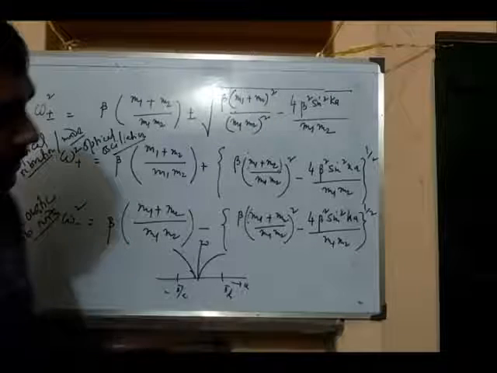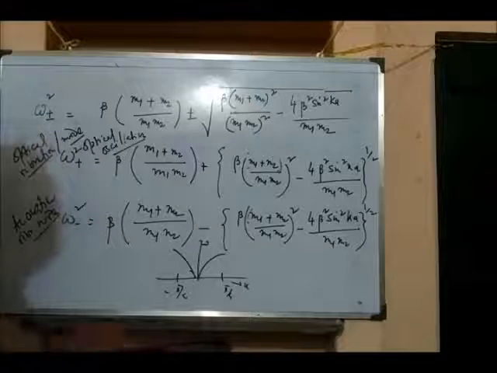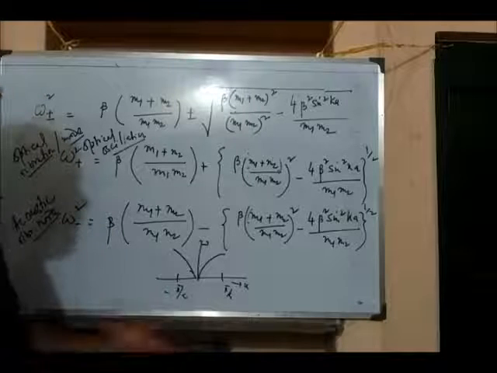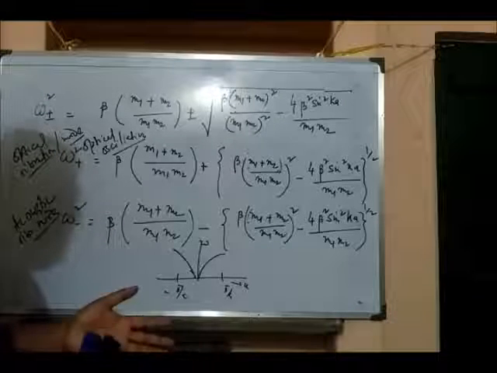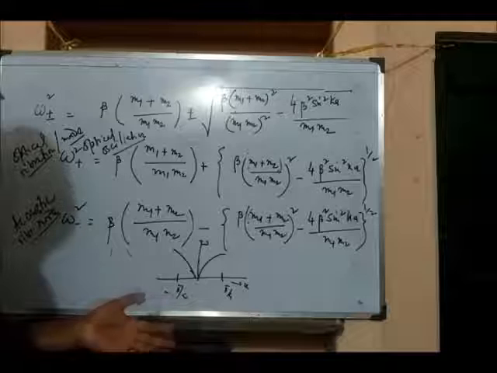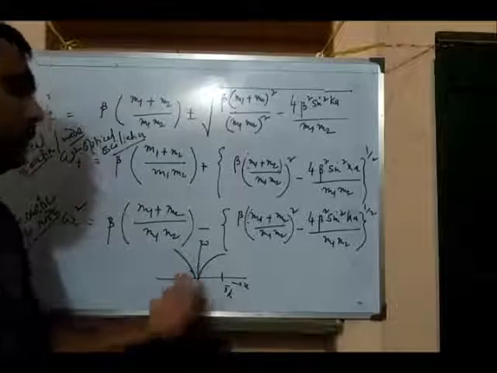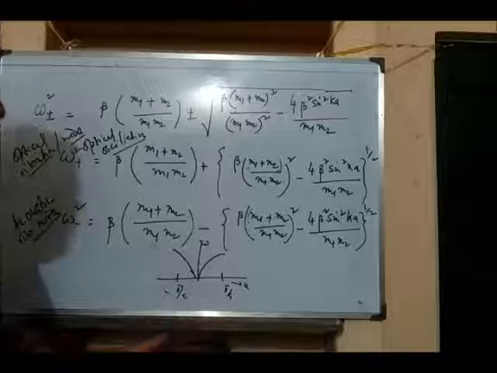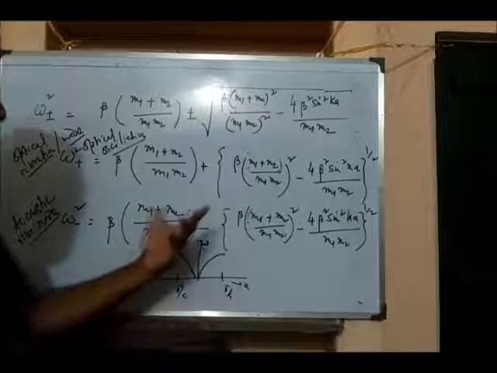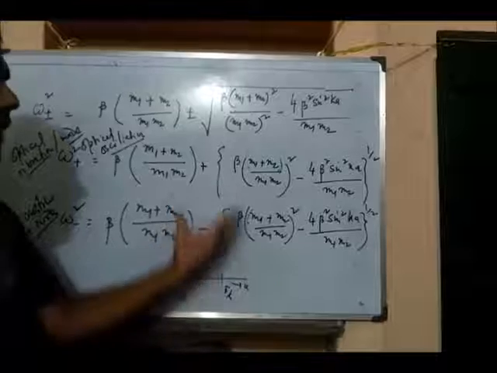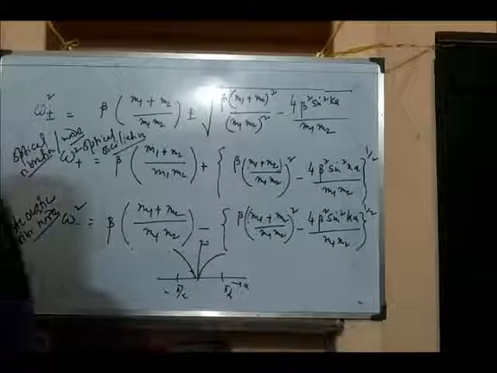With this, I am ending this part of the discussion. In my next class, I am going to discuss the relation between omega and k, and how this graph looks in the first Brillouin zone and second Brillouin zone for this diatomic lattice.